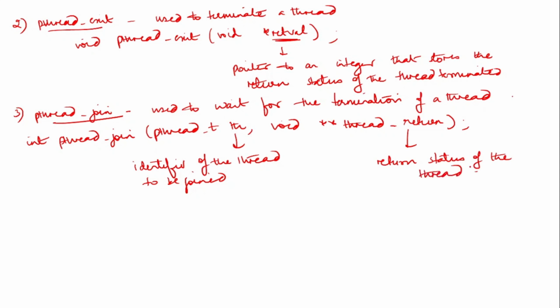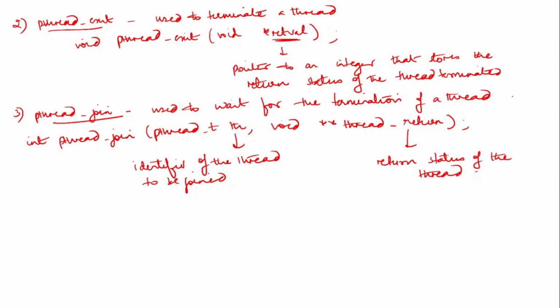Now what exactly happens is, suppose we have the main function that is currently executing, and inside the main function you create one thread. In that case, two threads will start running: the main thread, and the newly created thread. It can happen that the main thread finishes first, and then the newly created thread finishes.